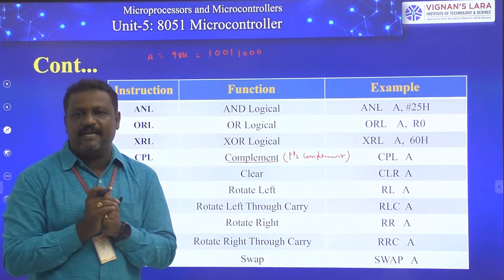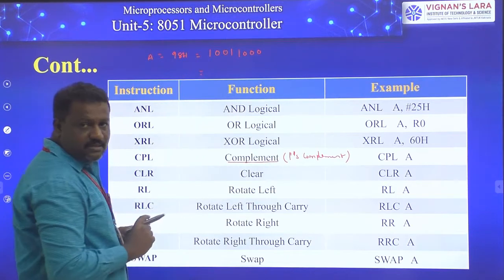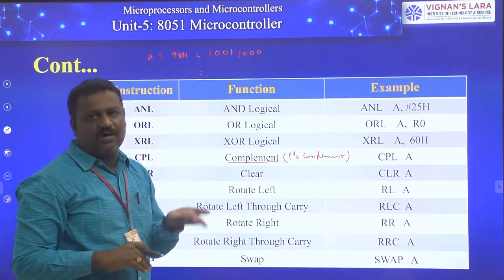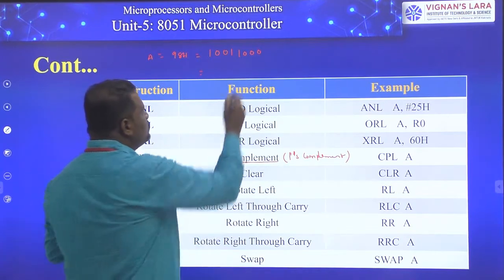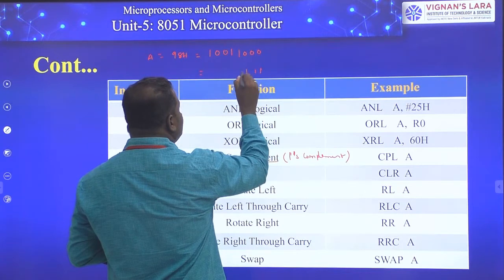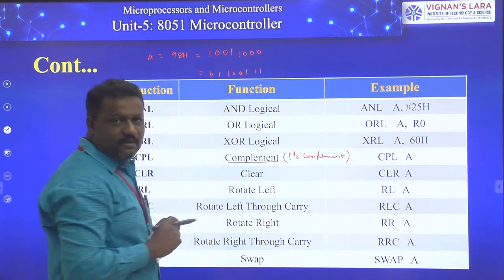After execution, one's complement, as we know, interchanges 1 with 0 and 0 with 1. So it changes to 1110 0110. Now what's the result?